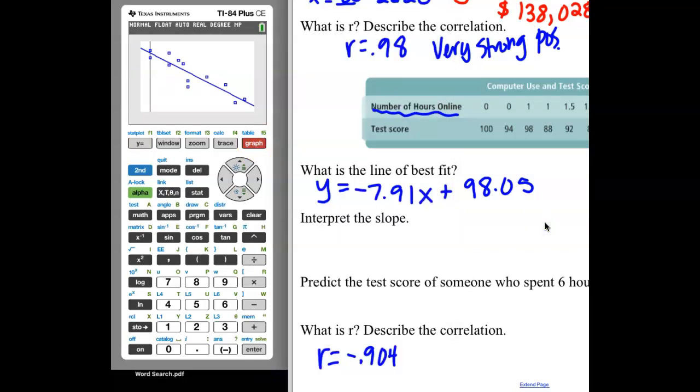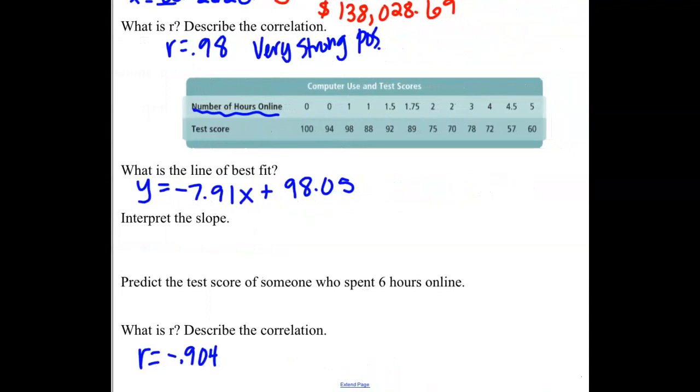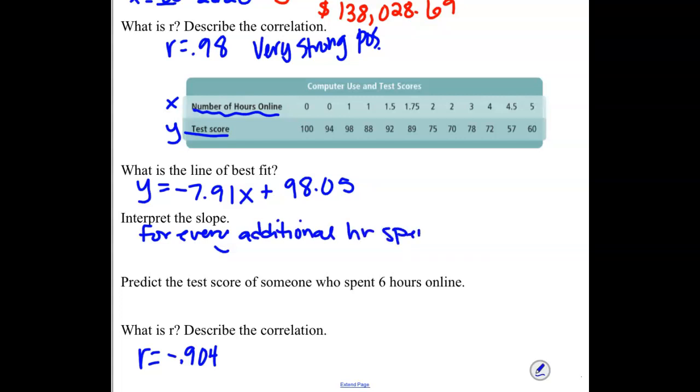All right. So what does slope mean in this case? If we look at our x and y values, y is our test score, and x is the number of hours they spend online. Because our slope is negative, negative 7.91, it's telling us that for every additional hour spent online, and again, it's a little different this year. You're doing a lot of schoolwork online.